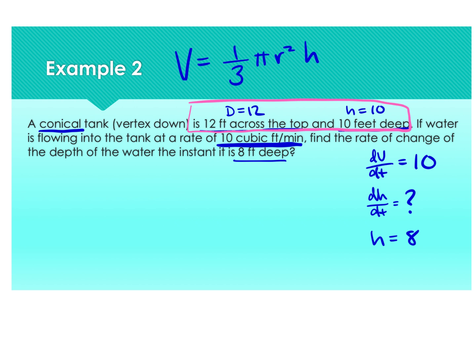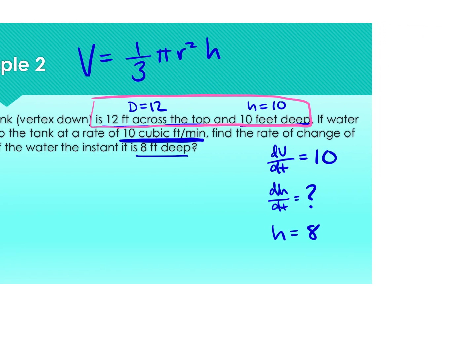So we're going to set up a proportion with what we have for r and h. If d is equal to 12, what is r equal to? 6. Perfect. So I could say r over h is equal to 6 over 10.